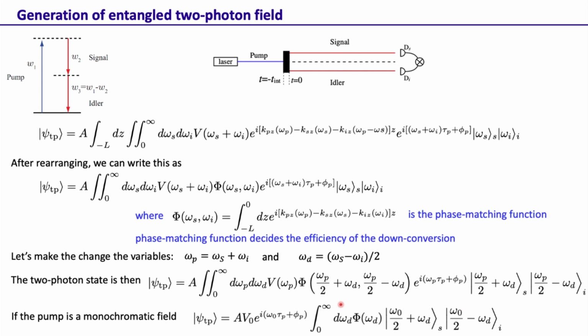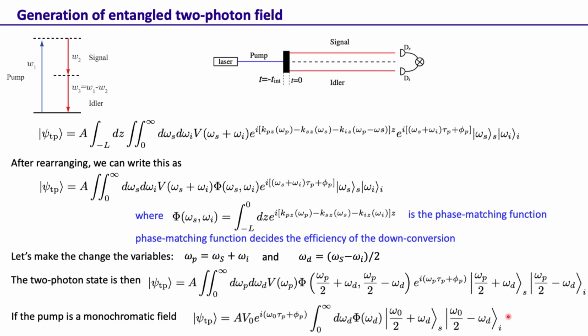Now we can see that this state is not separable. That means it cannot be written as a product of a signal state and idler state, because this is the signal state, this is the idler state, and then it is integrated over. So this cannot be written simply as a product of signal and idler. So this is a state that is inseparable in terms of signal and idler, hence this is an entangled state.